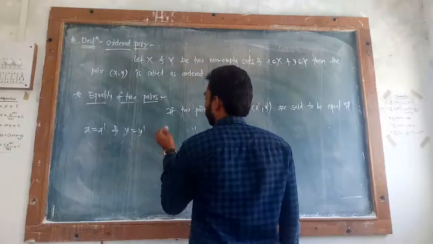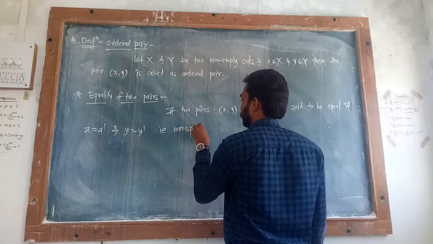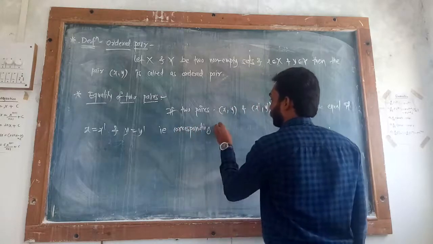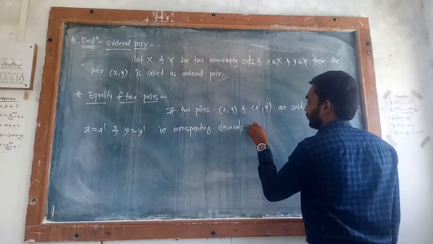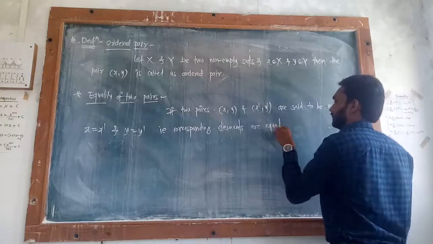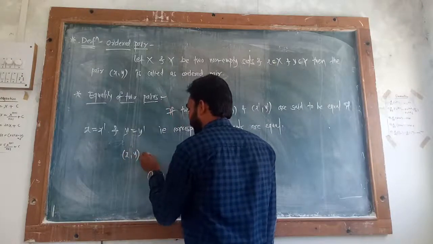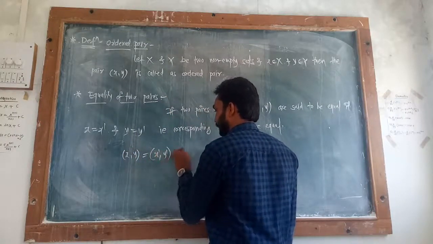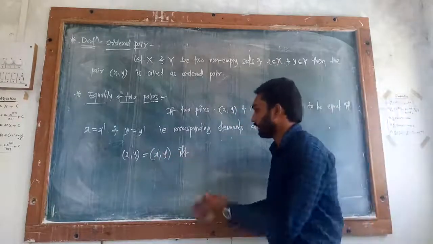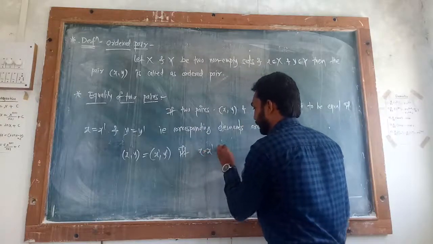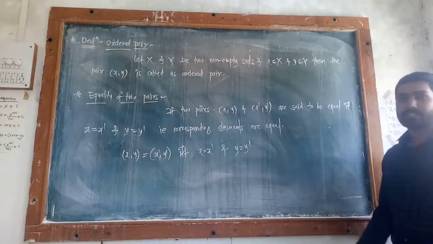Okay. So if the pair x comma y equals x dash comma y dash, these two pairs are equal if and only if the corresponding elements are equal, that is x equals x dash and y equals y dash. If this condition holds, then these two pairs are equal.